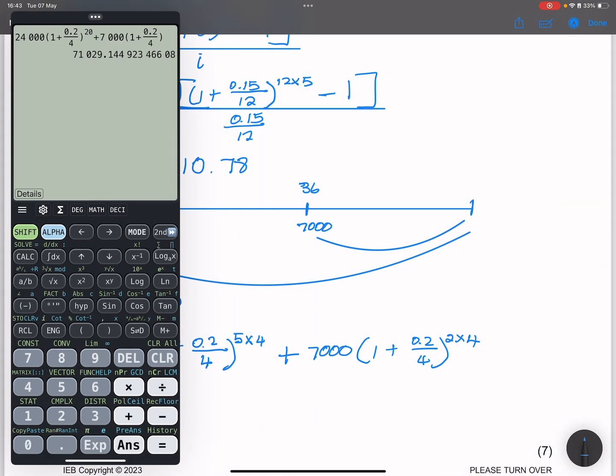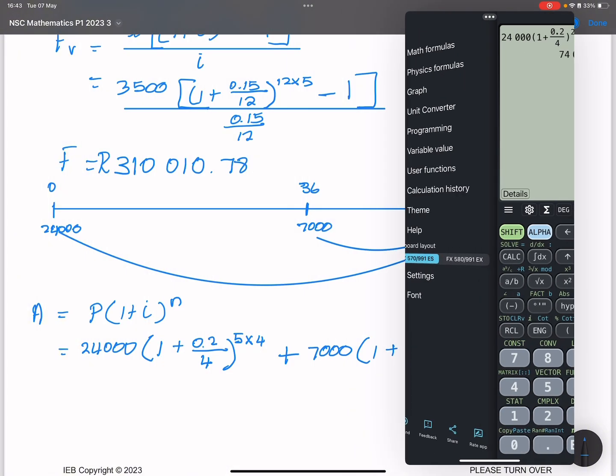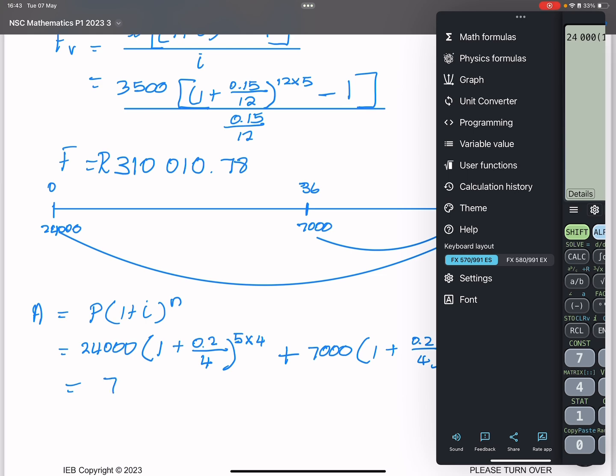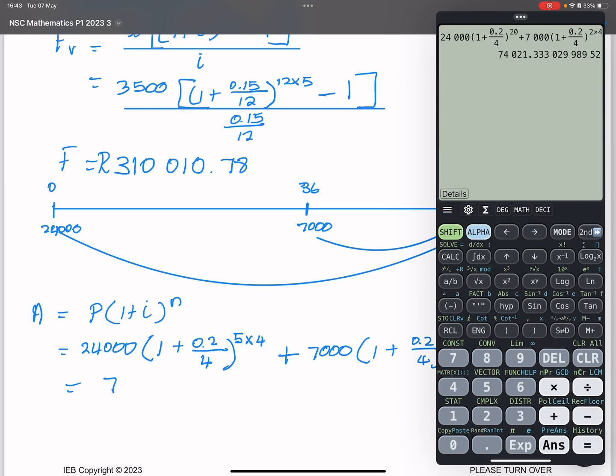We're only left with 2 years in that case, so that will be raised to the exponent 2 times 4. And I get an amount of 74,021 and 33 cents. So that's the accumulated amount.